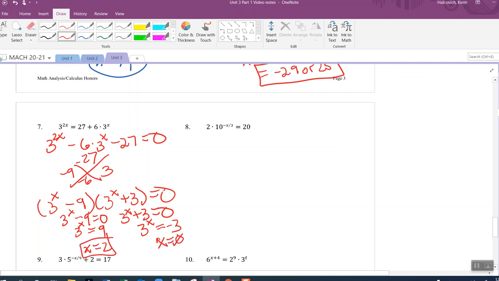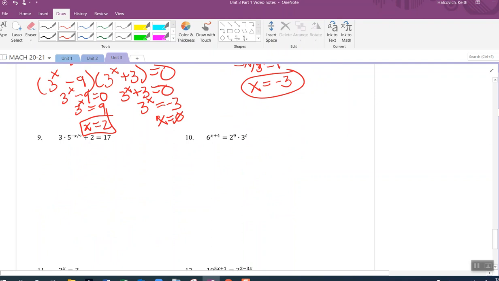is x equals 2. For number 8, you can divide by 2. So you get 10 to the negative x over 3 equals 10. So you can set negative x over 3 equal to 1. So that makes x equals negative 3.